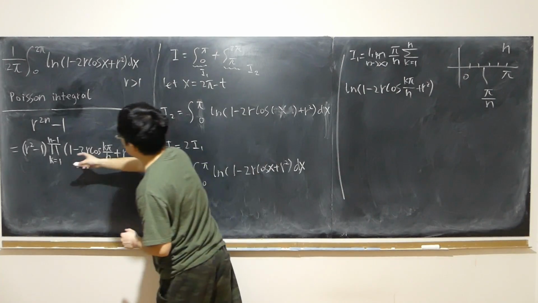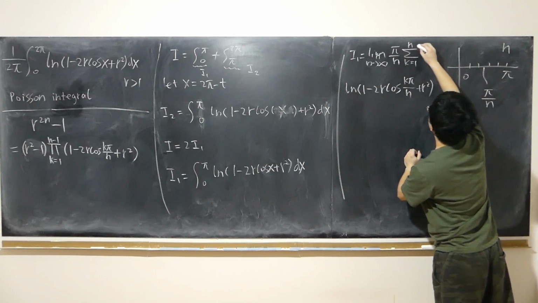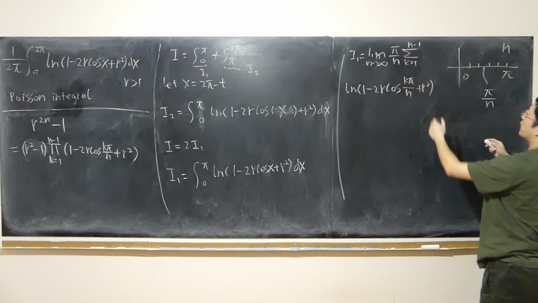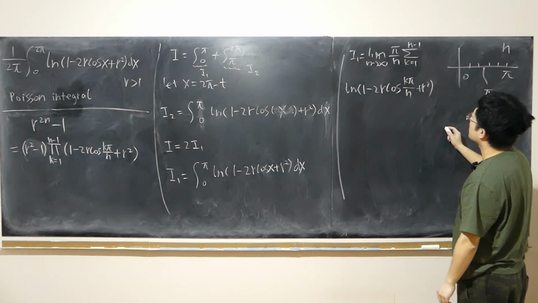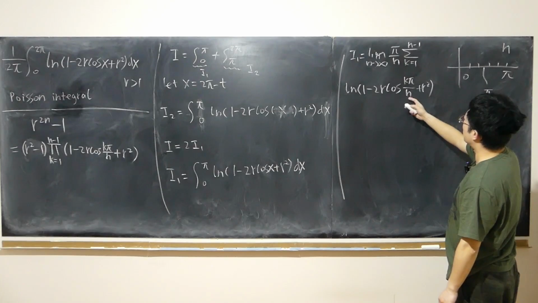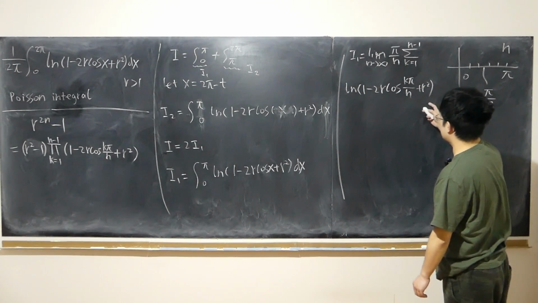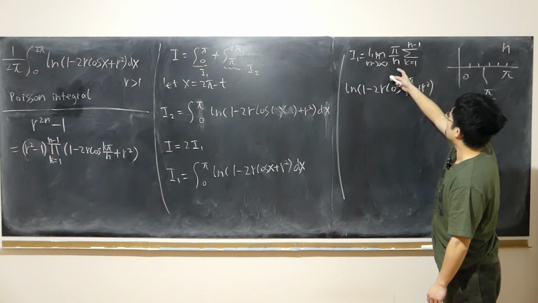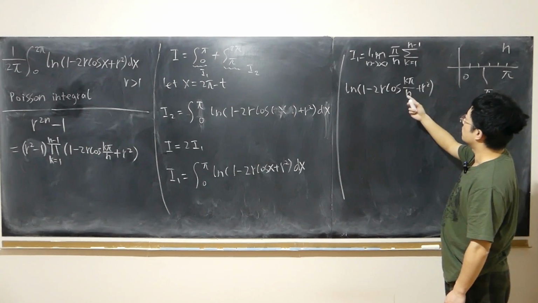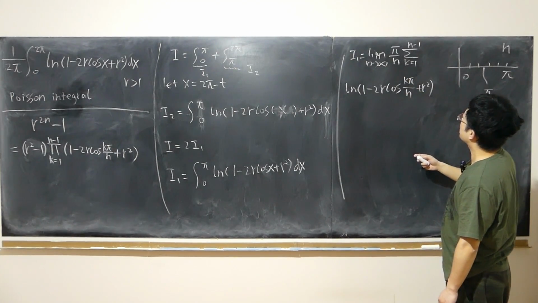Since I go until n minus 1, maybe I go until n minus 1 and separate the n term. When k is equal to n, I have n pi over n, that's cosine pi, a constant. Distribute pi over n onto this constant, and it still approaches 0 when n approaches infinity. So that doesn't matter.